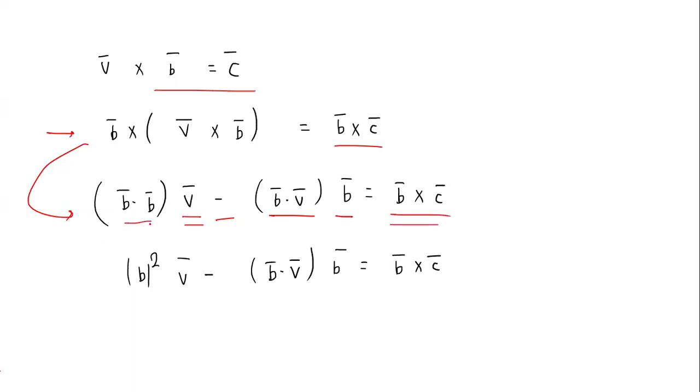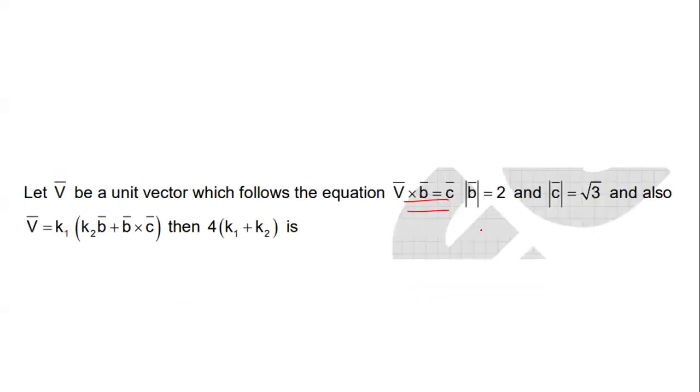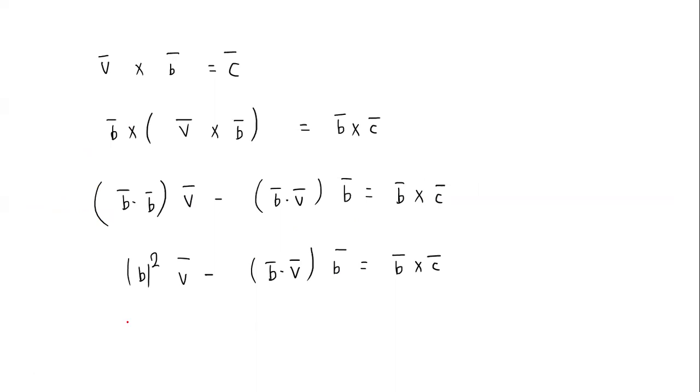Now you see we have b dot product with b, so it will become like length of vector b square, and here we have v vector, and here we have b cross c. Now in the problem the length of vector b is given as 2. So this thing will become length of vector b square, which is 4 times v vector minus b dot product with v, and here we have b vector, and it is equal to this b cross c.